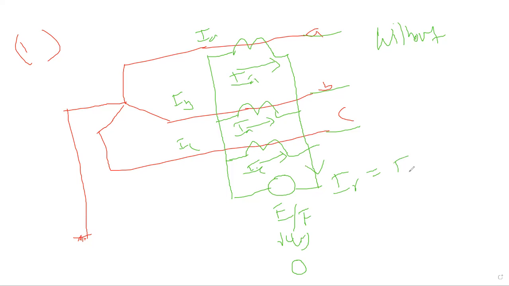From KCL, Kirchhoff's current law, all the current is entering here, so the resulting current is IA plus IB plus IC, the summation of all three phase currents. Without fault, we can assume this is a perfectly balanced condition, where this machine is operating in perfectly balanced condition. And you know the summation of all the phase voltages or phase currents in a perfectly balanced condition is 0.